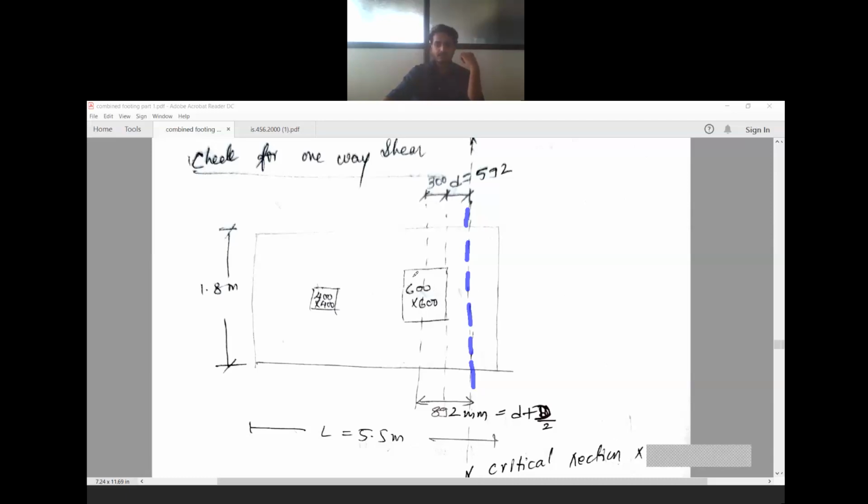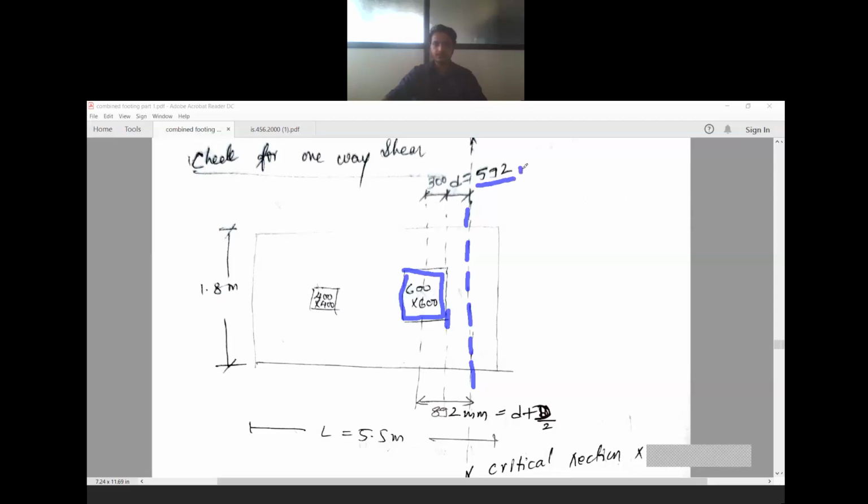Here we have this bigger column, 600 by 600. From the face of this column, for a distance of effective depth d, how much is this?